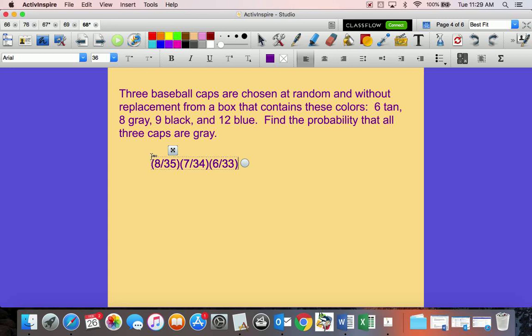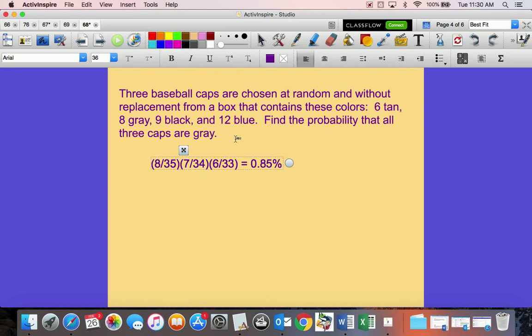So we'd get 336 on top divided by the bottom, which would give us a very small % chance of this actually happening, which would be equal to 0.85%.